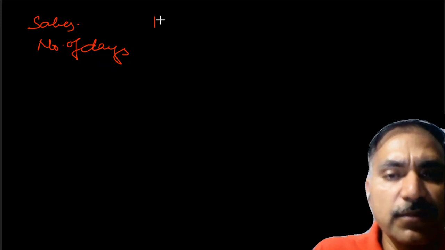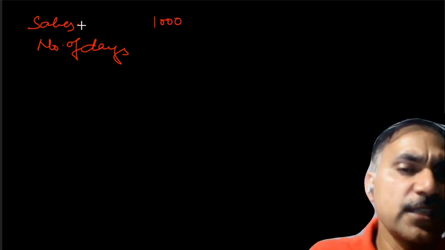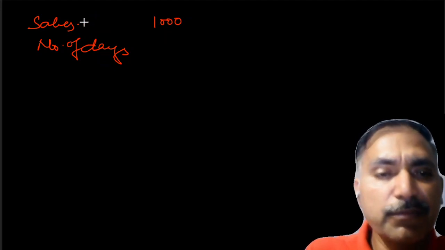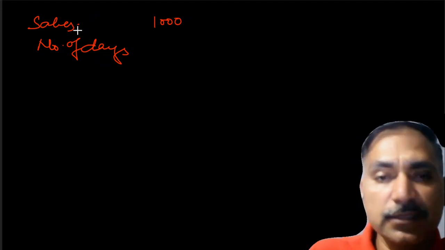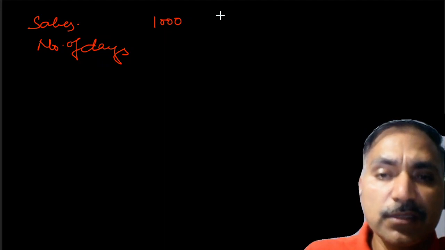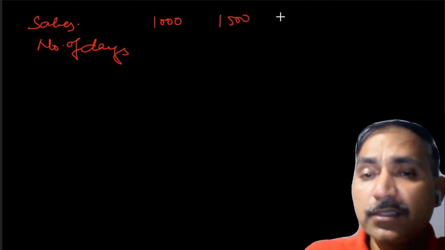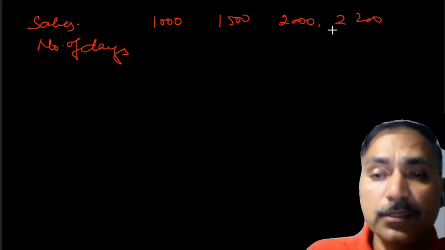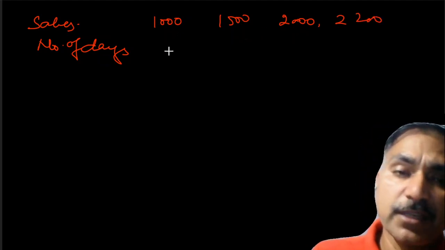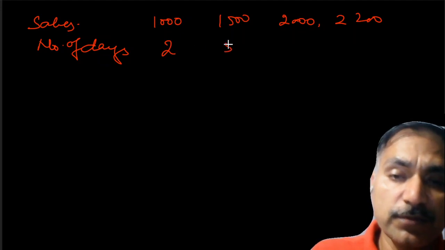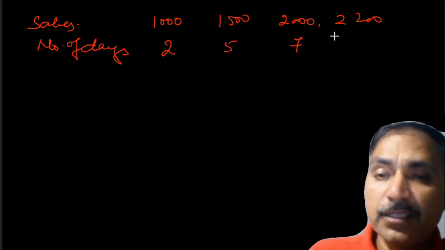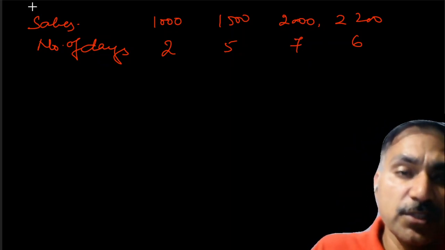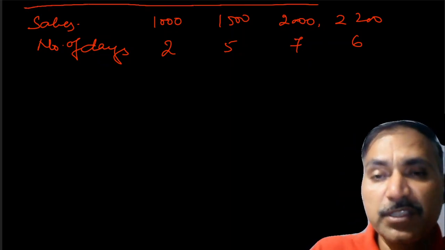Suppose sales are 1,000, 1,500, 2,000, 2,200, the sales of a particular product, and the number of days is 2, 5, 7, and 6. These are the data given to you, and the question is to find the coefficient of range.